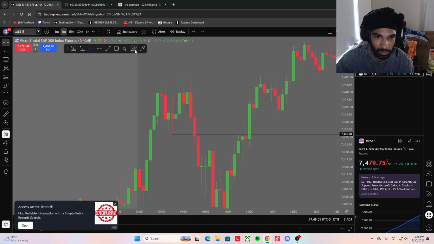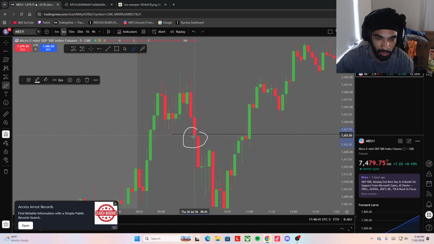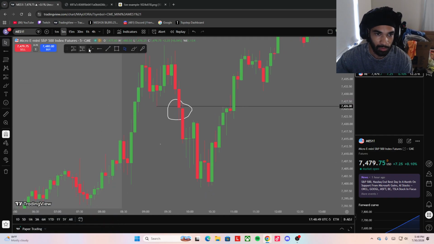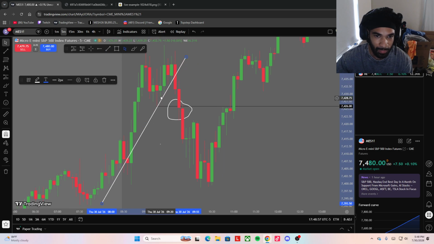So the breaking structure happens right here. When this candle closed through here, we broke structure to the downside after we were on an uptrend. All right. Boom. We're trending up. Uptrend. Made that low right there. Boom.